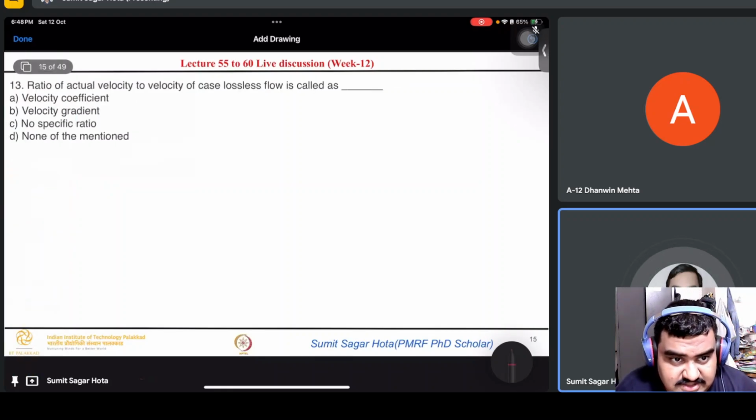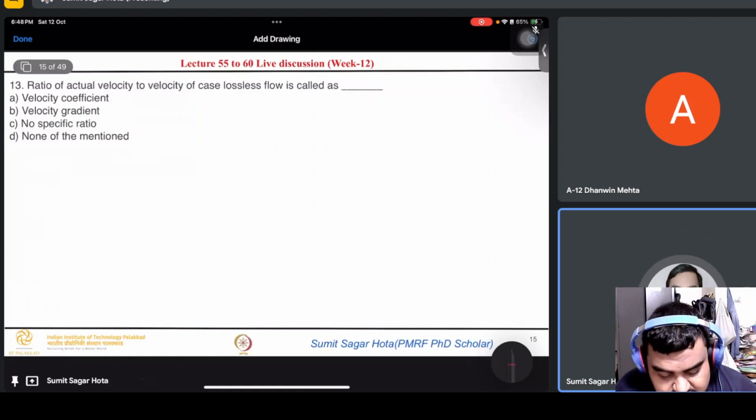Ratio of the actual velocity to the velocity in lossless flow is called what? Okay, it's called velocity coefficient. It's an important term.